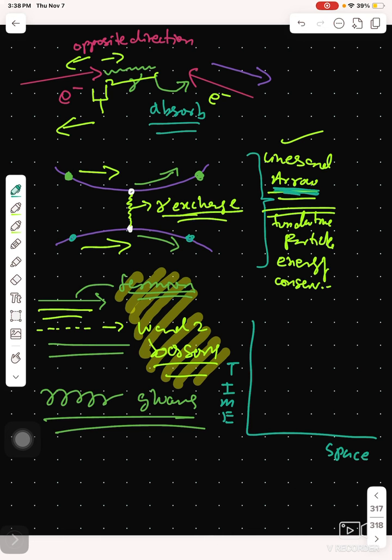What these arrows represent is that if they are increasing in time, with an increasing gradient, they will be particles, they will be matter.